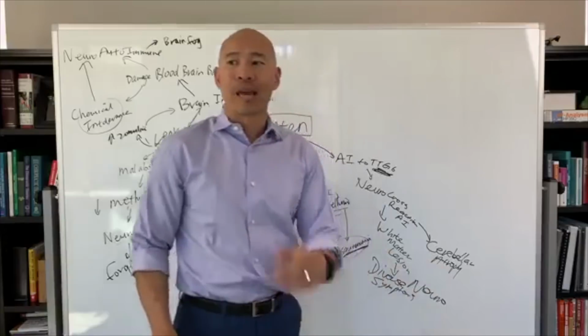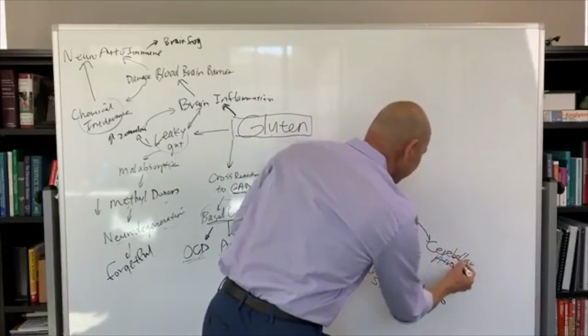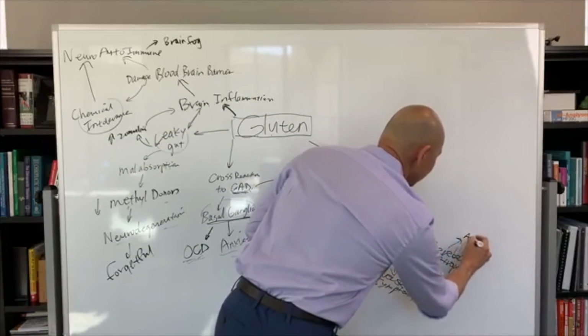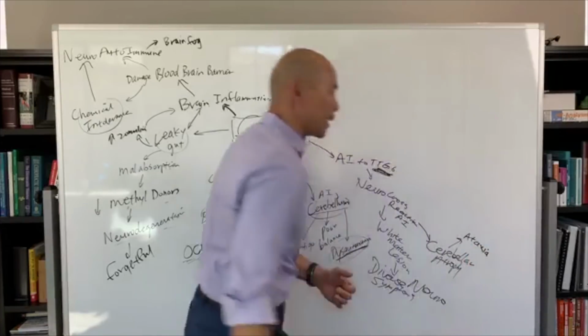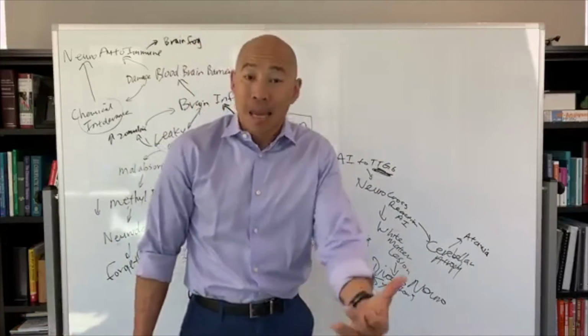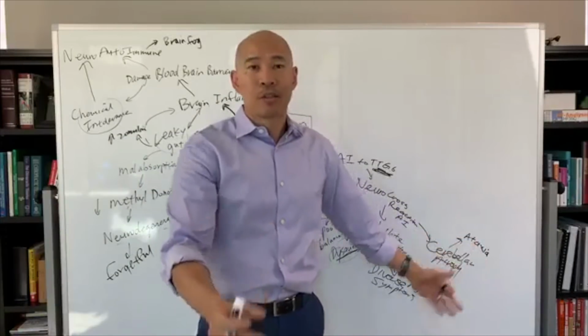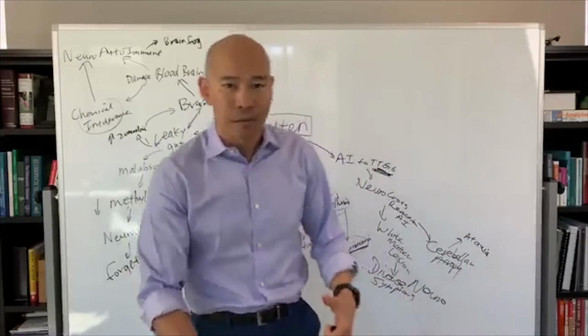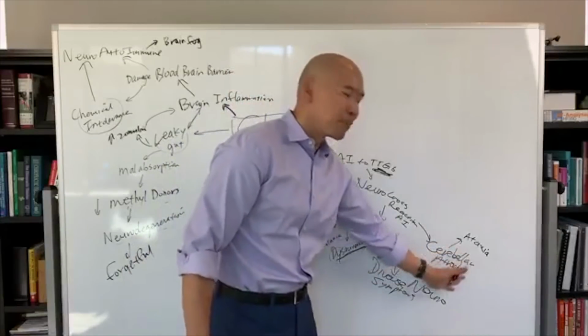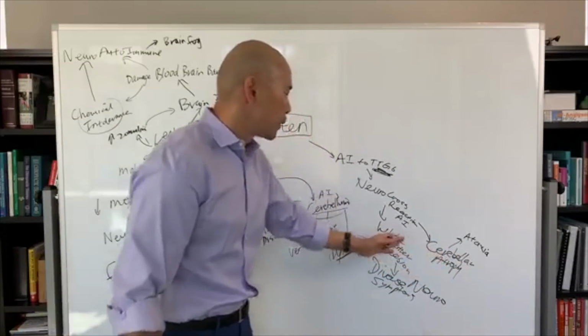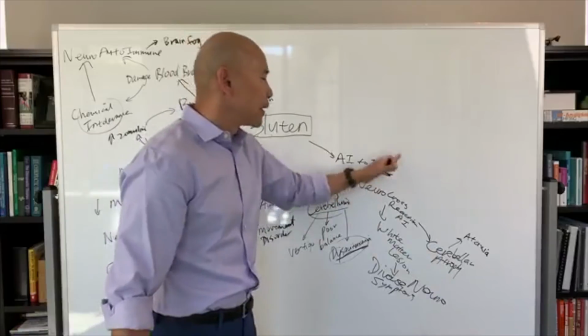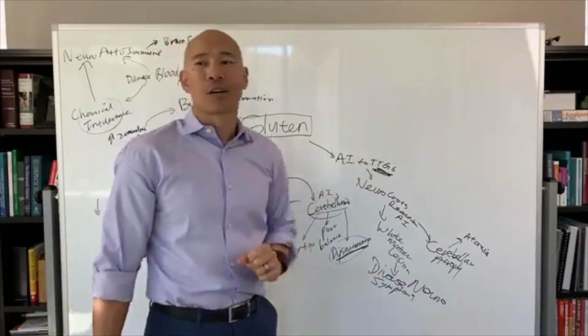So that can lead to, again, ataxia, which is a type of gait problem, meaning you walk like you're drunk, but you haven't drunk any alcohol. Some people just feel like they can't walk right because the cerebellum is not working. It's degenerating due to this gluten reaction causing autoimmunity.